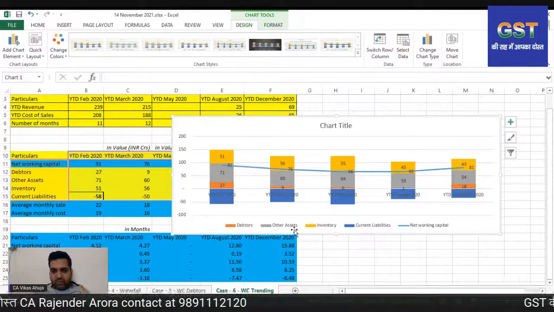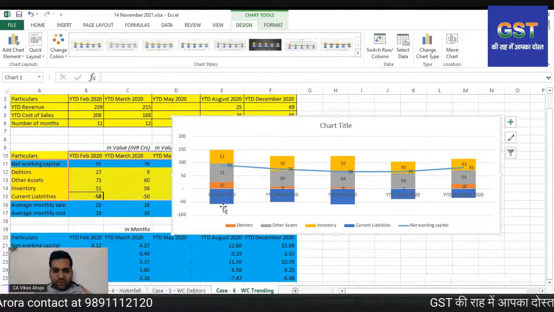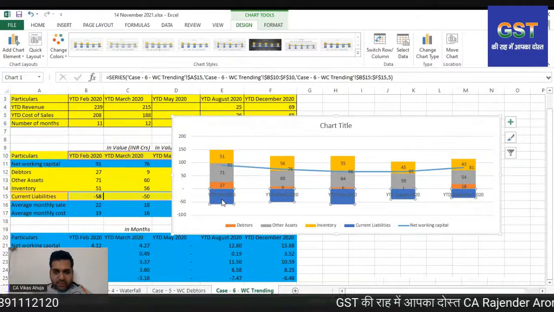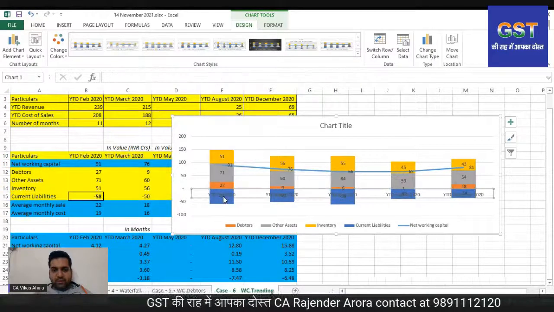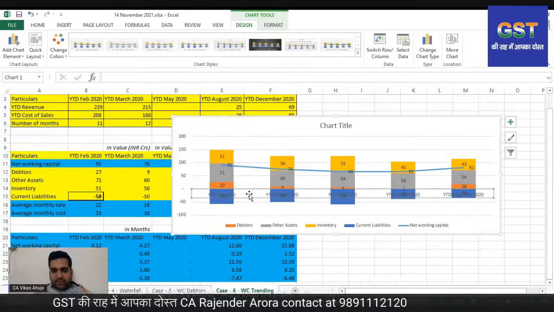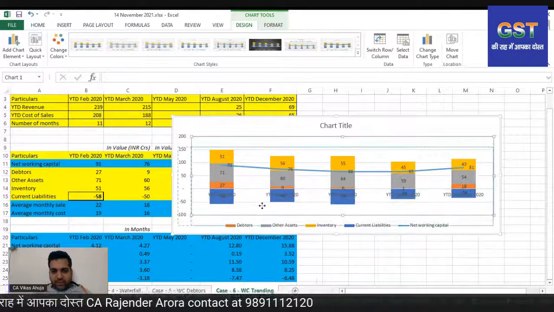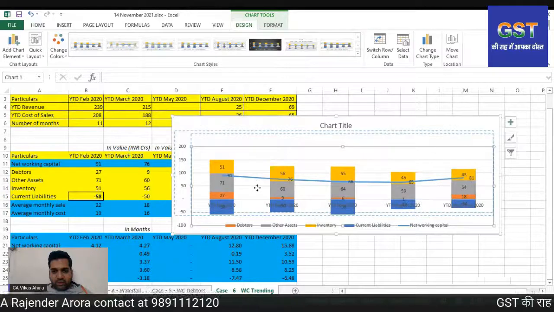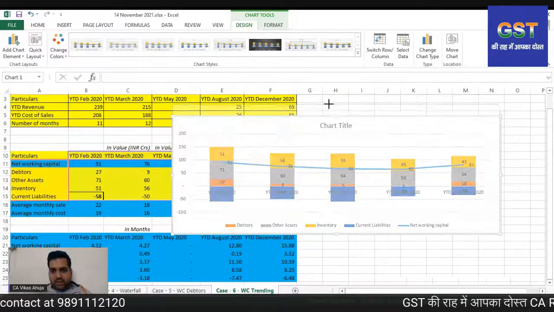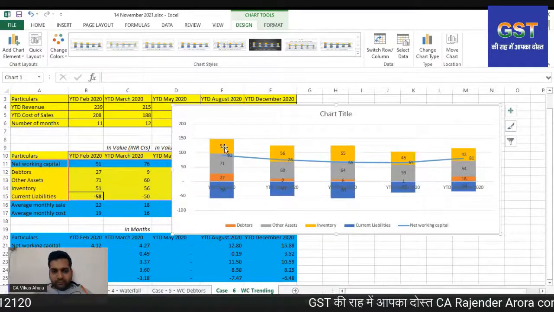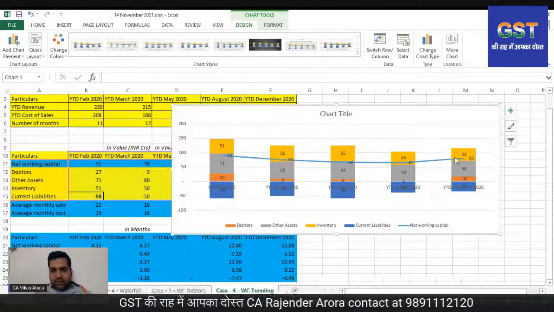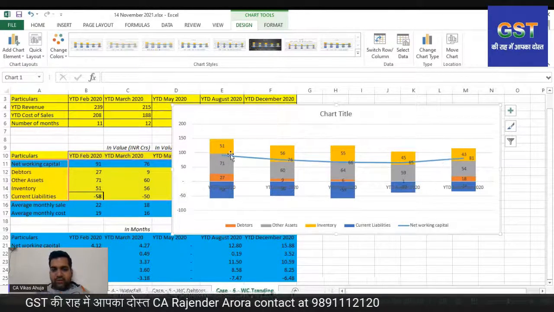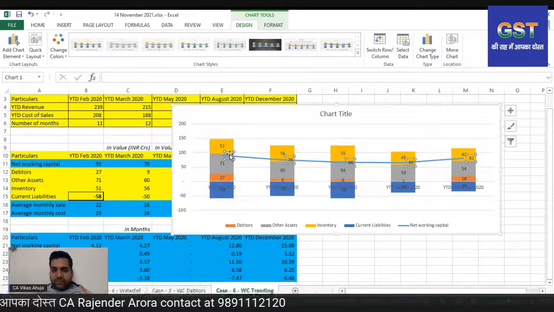So here, what is principally bearing? This is the negative piece because this is my current liability. I've kept this completely negative. And what we can see here is that my working capital is trending somewhere between 65 to 90.